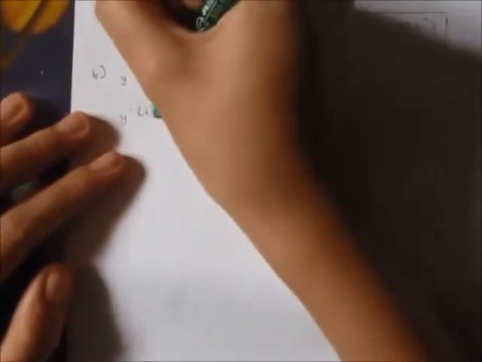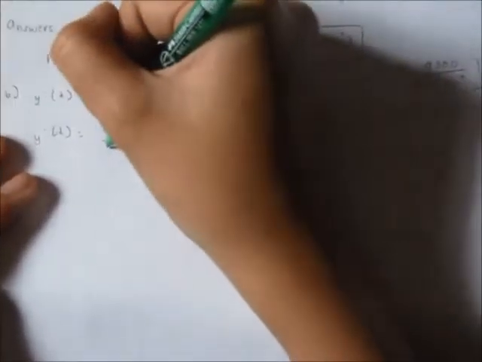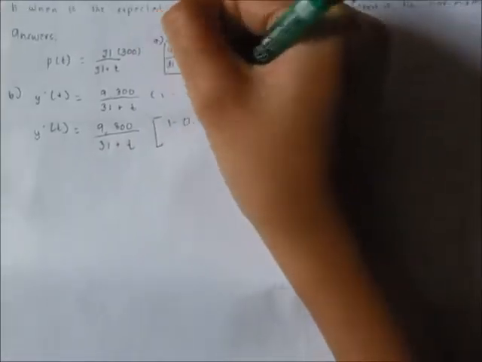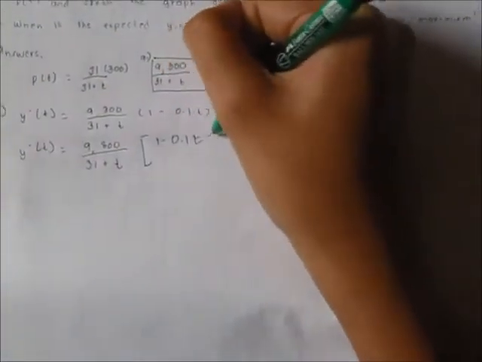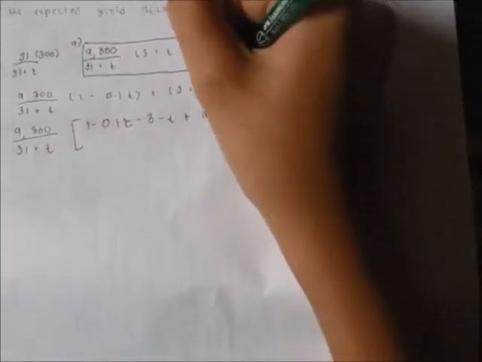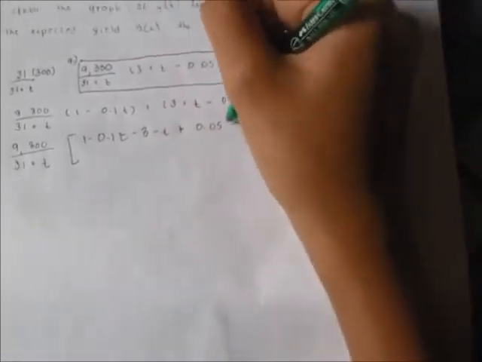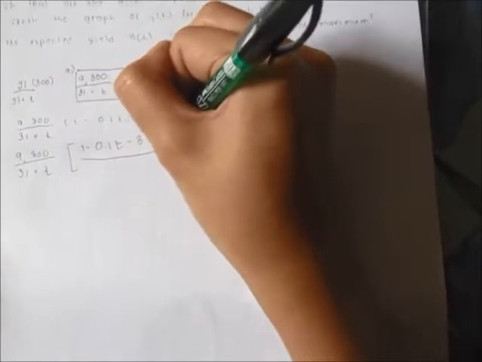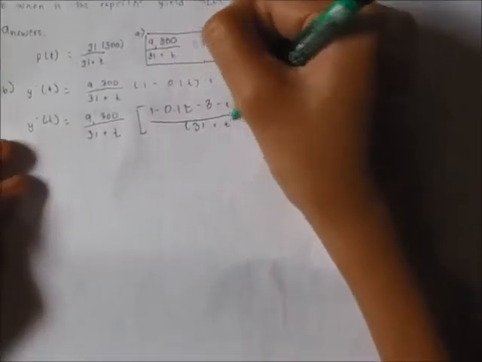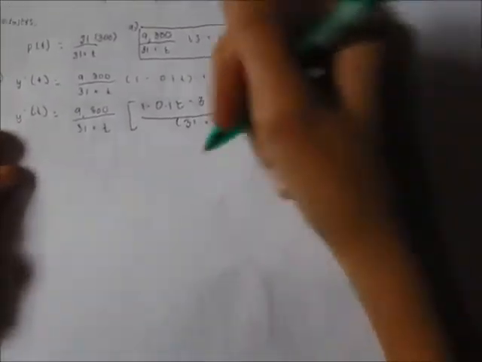Derivative of T equals 9,300 over 31 plus T, bracket 1 minus 0.1 T minus 3 minus T plus 0.05 T squared, all over 31 plus T, bracket.